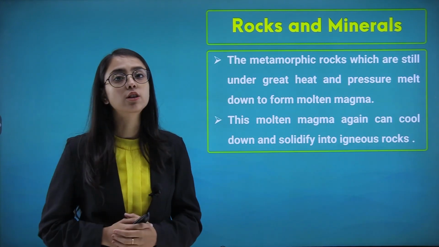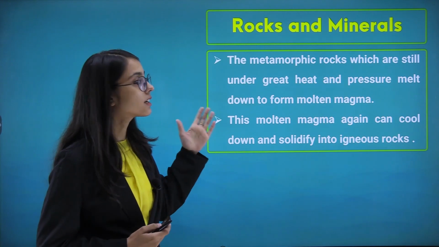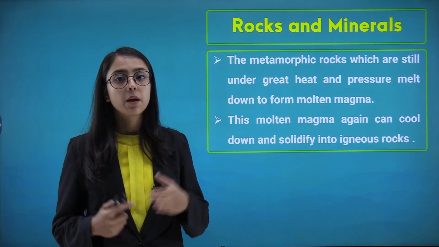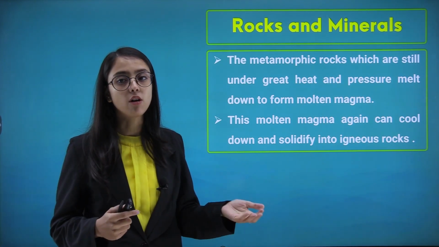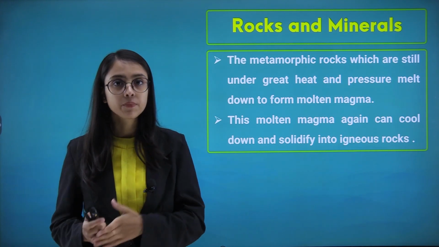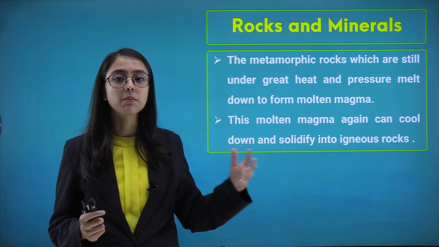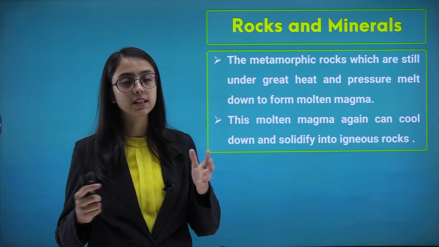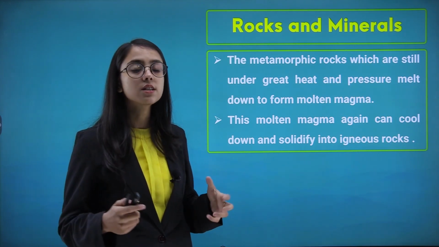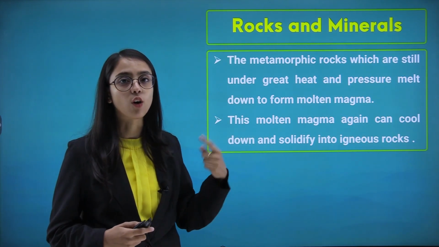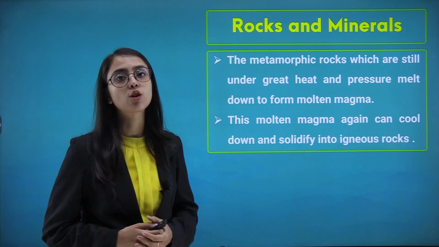The metamorphic rocks, which are still under great heat and pressure, may melt down to the form of molten magma again, and then this magma again can cool down and form igneous rocks. So, do you see there is a cycle going on as to how different rocks are formed.